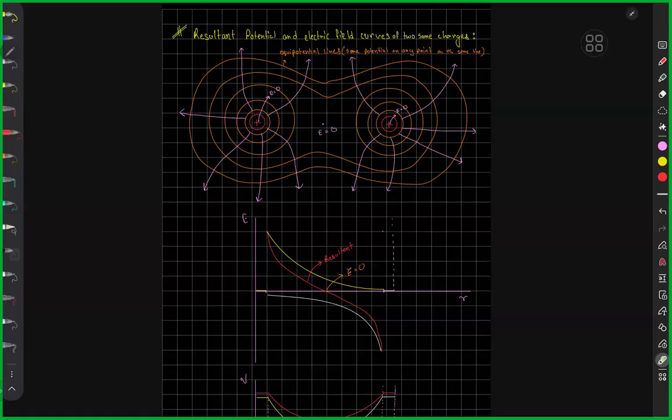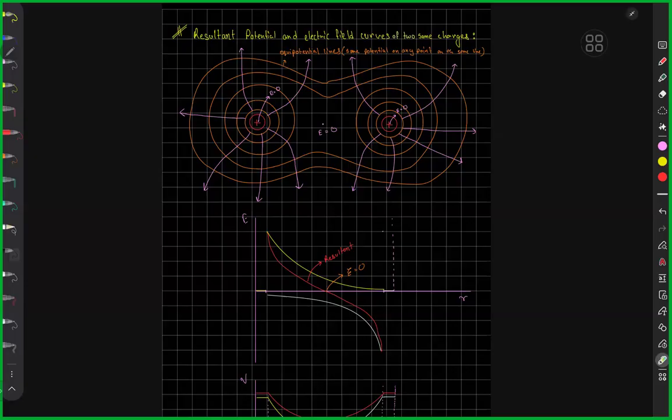Now, okay. So now what we're going to work with is like charges. So basically we worked with opposite charges, positive and negative. And now what we're going to see is repulsive forces in action. And that is what's unique about electric fields, that you have attraction and repulsion both.